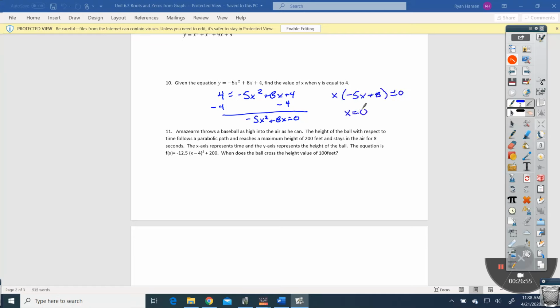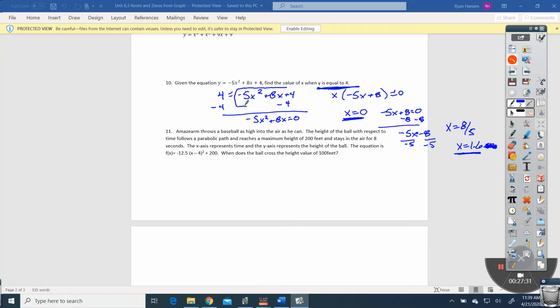So x equals 0, and negative 5x plus 8 equals 0. So now I minus the 8 to solve. So I have negative 5x equals negative 8. Divide by negative 5. A negative divided by a negative is a positive, so x equals 8/5. So x equals 1.6. So the y value is equal to 4 at x equals 0 and x equals 1.6.